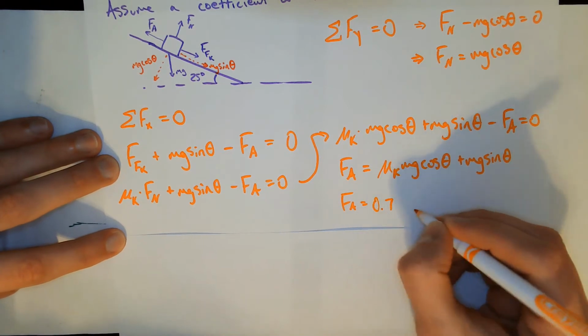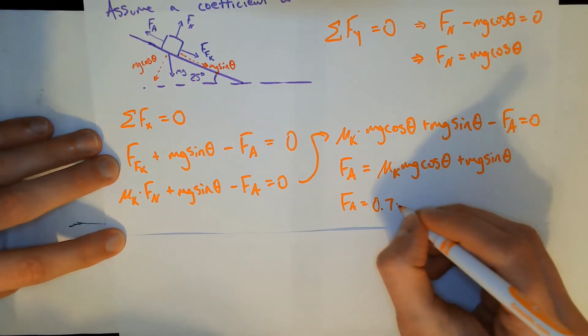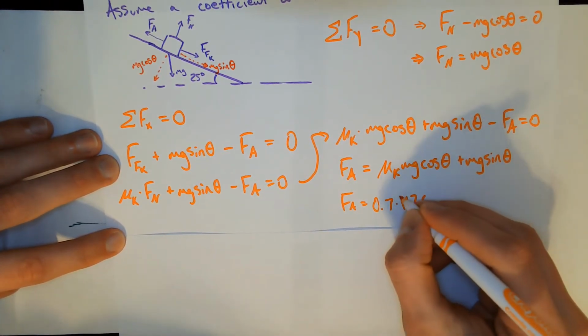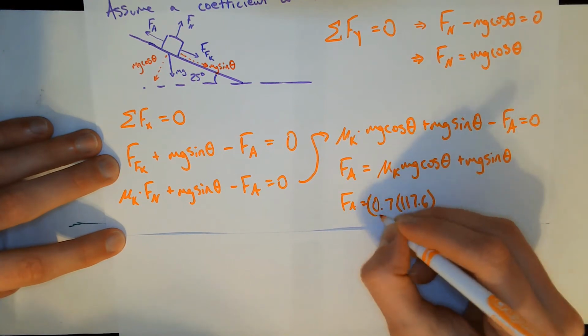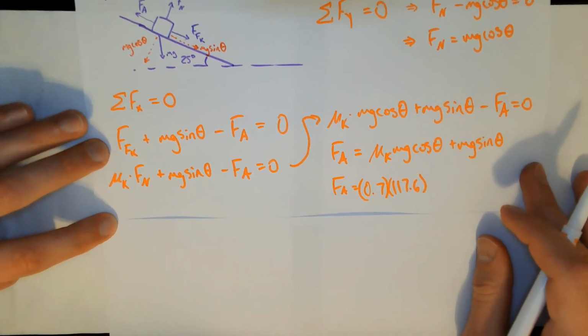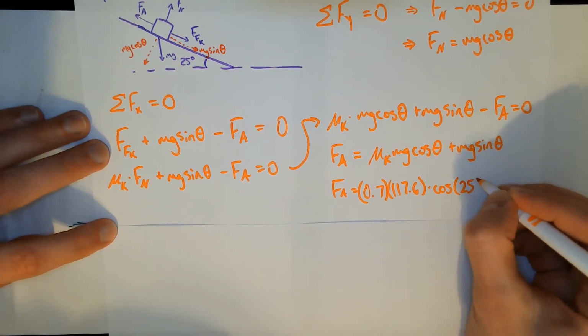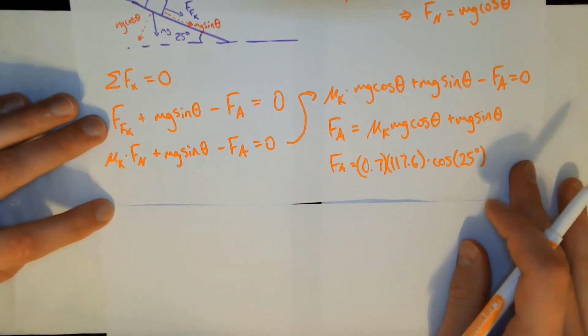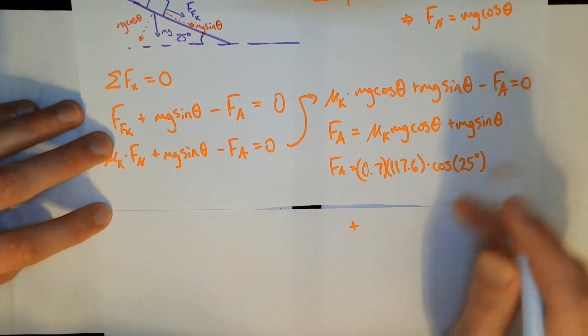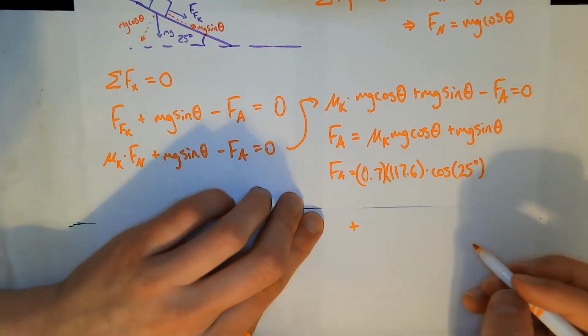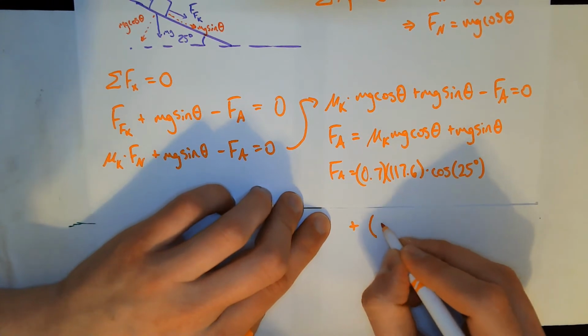So F sub A is equal to 0.7. mg is the weight, so 117.6. That was the weight. There, I'll wrap these in parentheses. So that's mu sub k times the weight times cosine of 25 degrees. Running out of room here. Plus the second term, which is mg sine theta. So mg, remember, is the weight. I was given the weight.